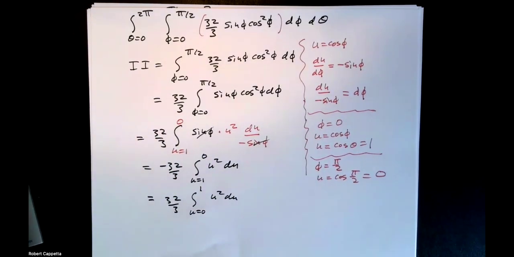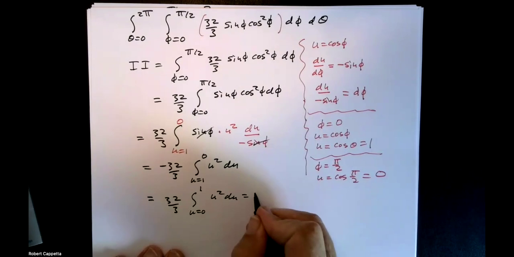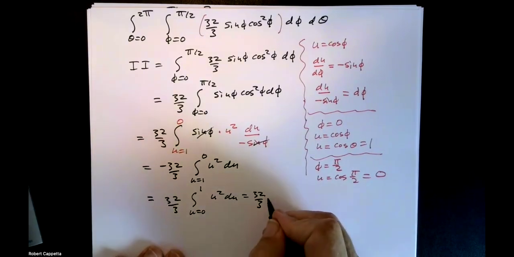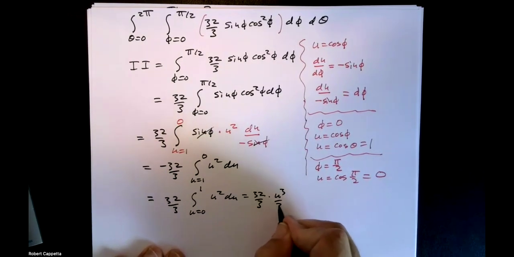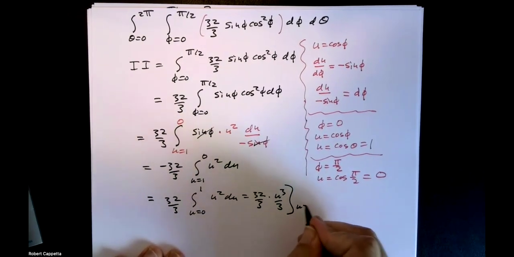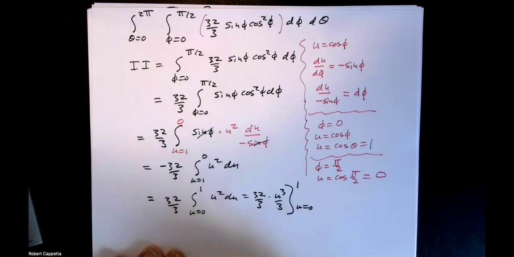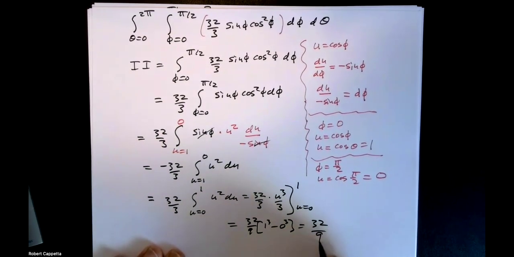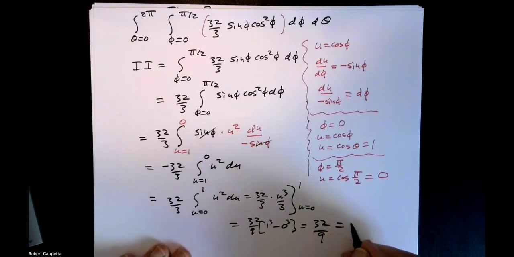Now, the antiderivative of u squared is u to the third over 3. So I get 32 over 3 times u to the third over 3 evaluated as u goes from 0 to 1, which gives me 32 ninths times 1 to the third minus 0 to the third. 32 ninths is my inner integral.